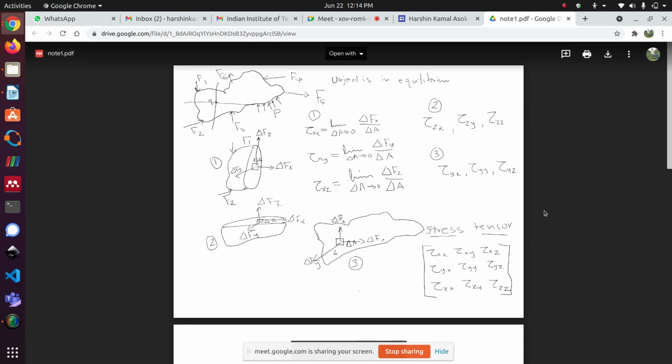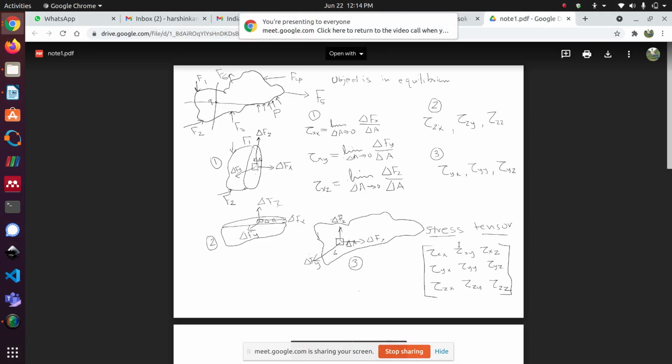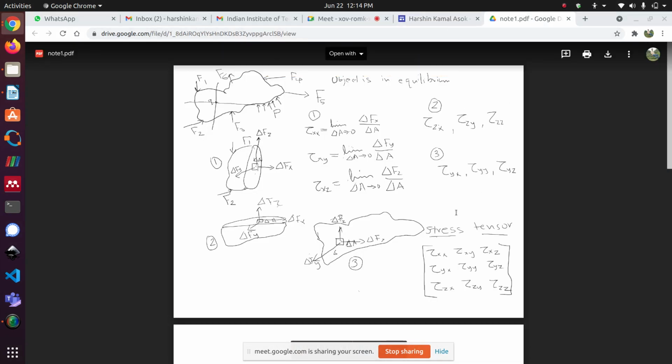We figured out that there are 3 components on each plane, a total of 9 components. And we called it a tensor, stress tensor.